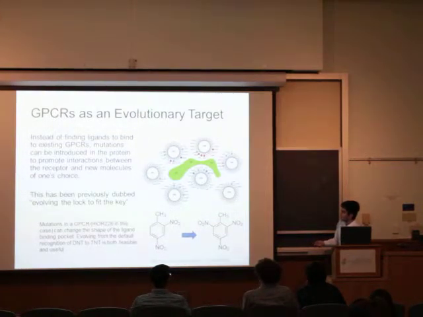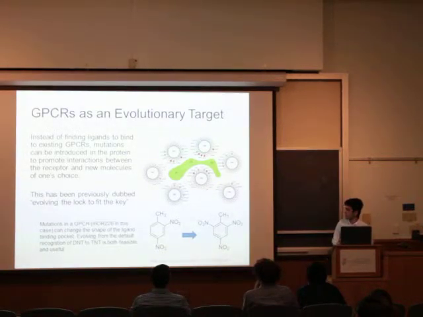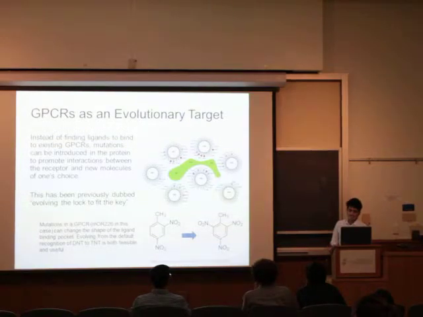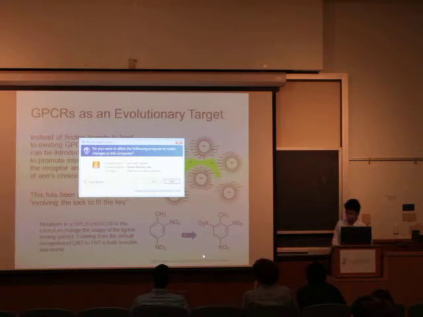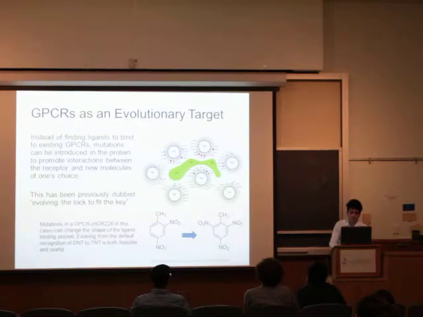Then, using gene therapy techniques, you could introduce this modified MOR226 into an organism like Drosophila and create flies that could sense TNT, which is some sort of security application. But that's more of a fun thing, whereas most applications would be for pharmaceuticals.